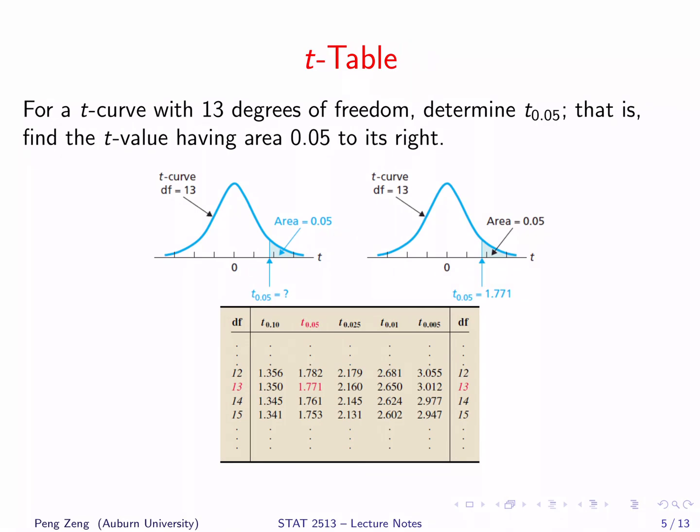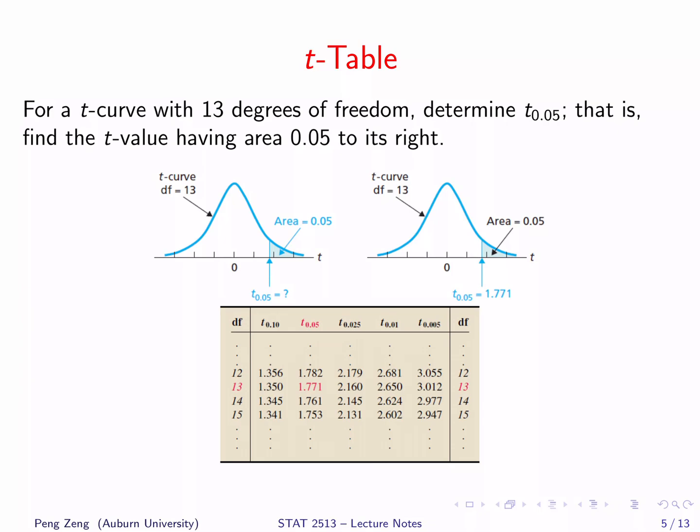Similar to the z-alpha, we can define t-alpha. For example, t.05 means that the area to the right is 0.05. We can use a t-table to find t-values. Different rows in a t-table indicate different degrees of freedom. Different columns indicate different values of alpha.